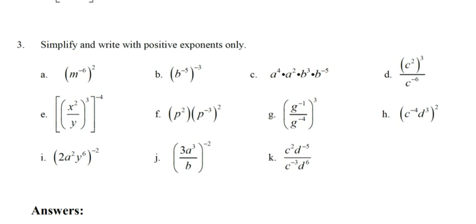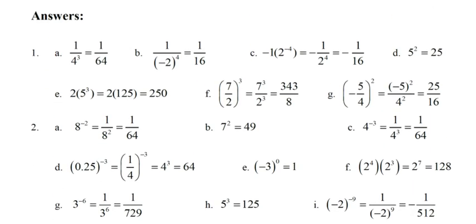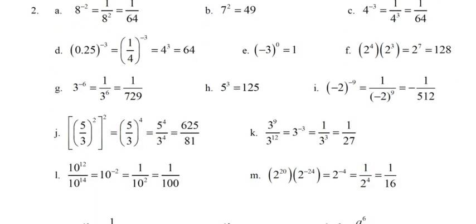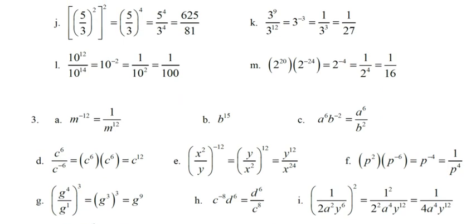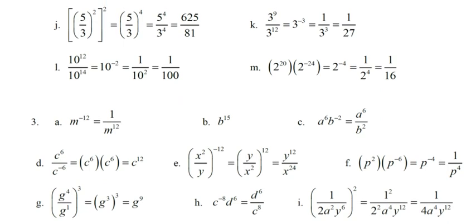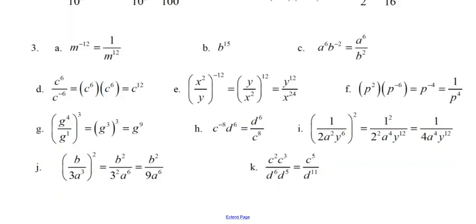And lastly, the answers: the answers to 1 and part of 2, A through I, and then J through M, and then the rest of number 3. And we're done.